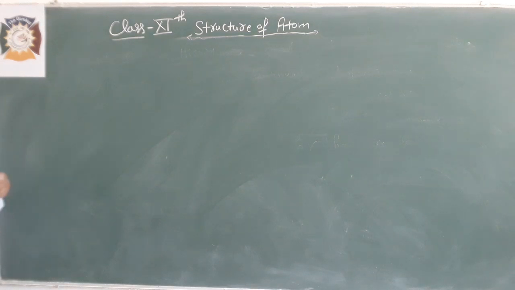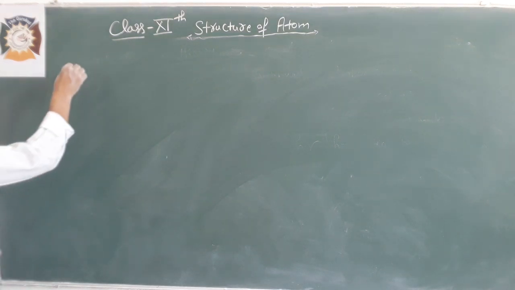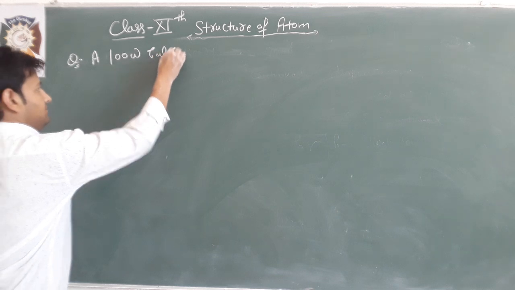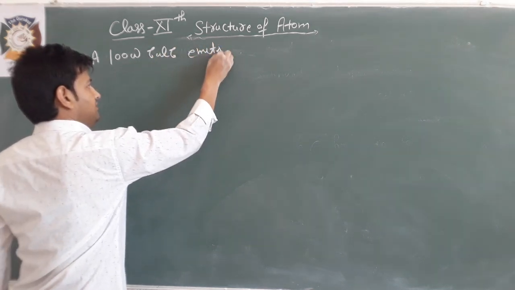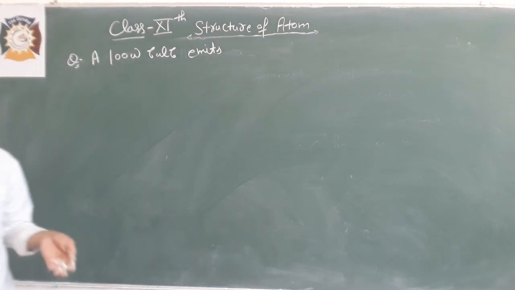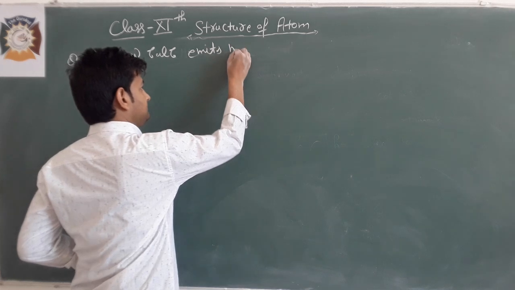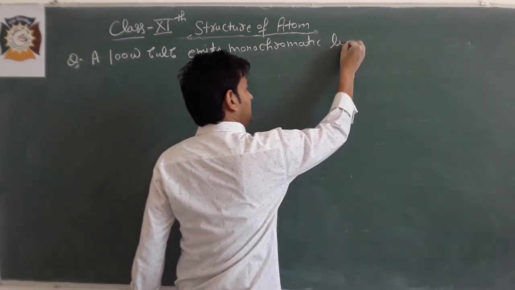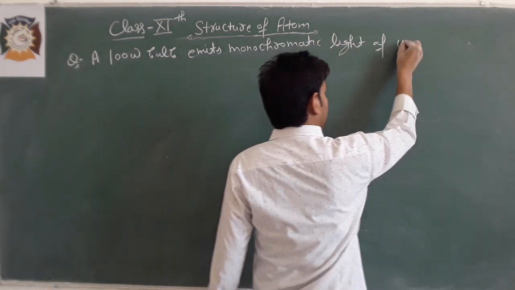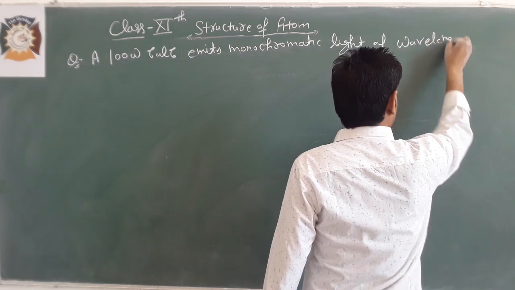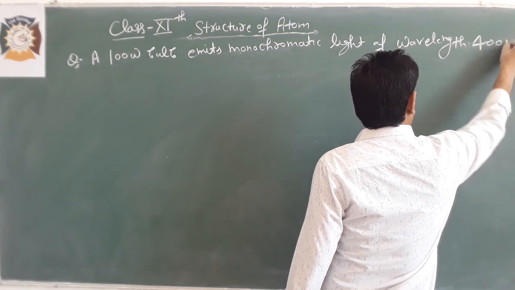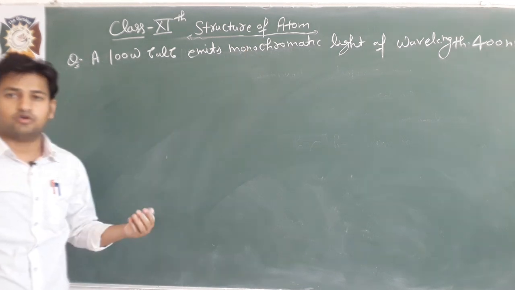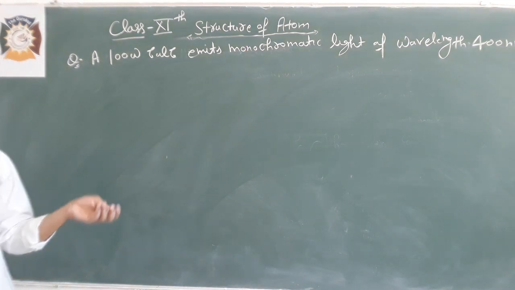The question is, a 100 watt bulb emits monochromatic light of wavelength 400 nanometer.